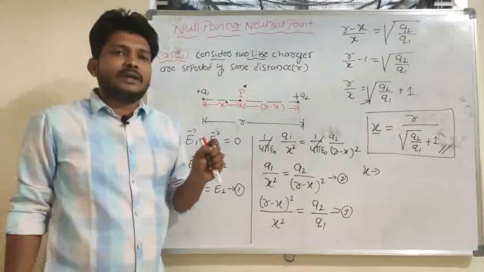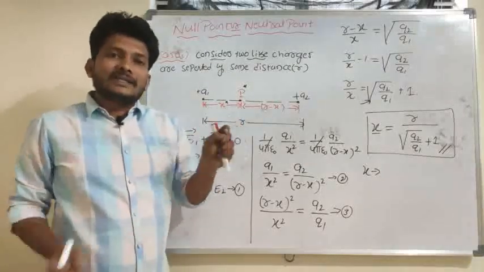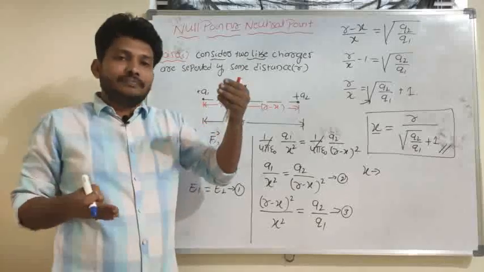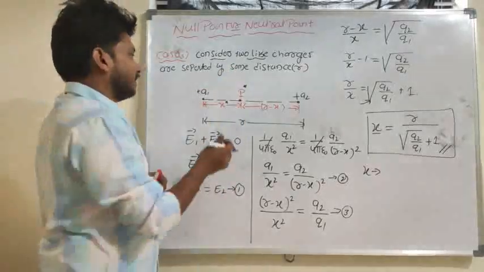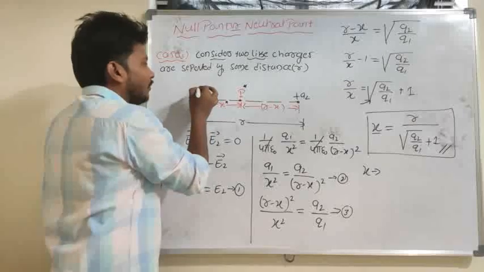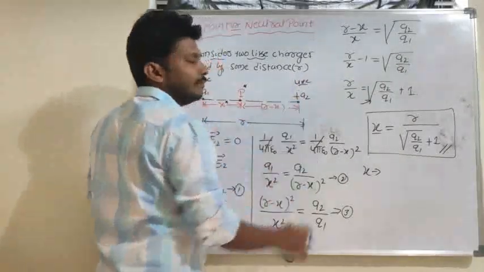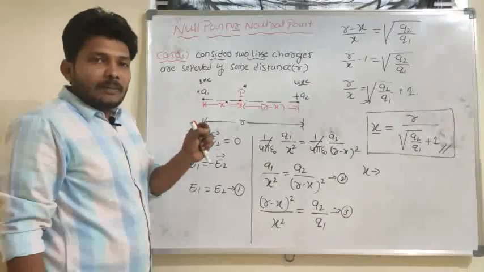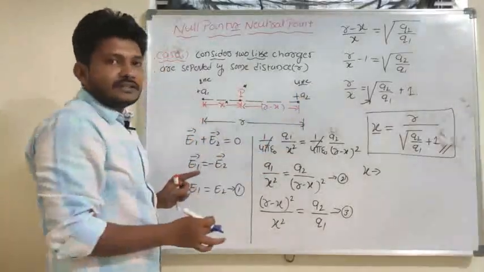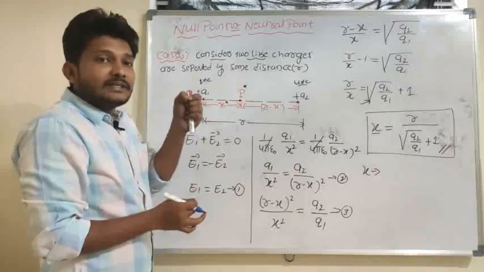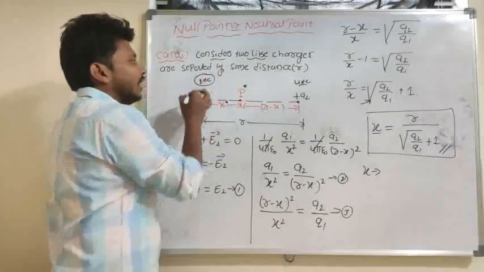One thing you may remember here: the neutral point exists closer to the smaller charge. For example, here charge Q1 is 2 nanocoulomb and another charge is 4 nanocoulomb. The neutral point exists between the charges, I said. So the neutral point exists closer to the 2 nanocoulomb. Why?